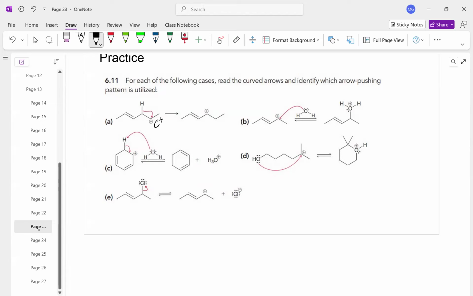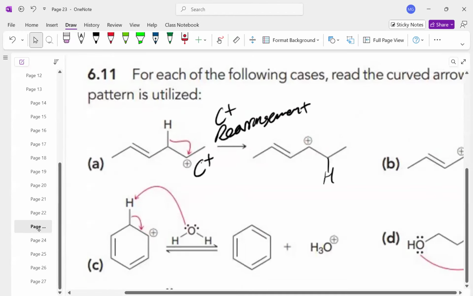And that hydrogen has moved over. We've done a rearrangement. So this is a carbocation rearrangement. Now, I'm going to go down a rabbit trail with this problem here. Why would this rearrangement happen?